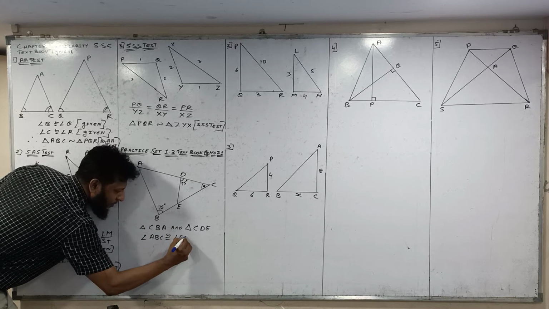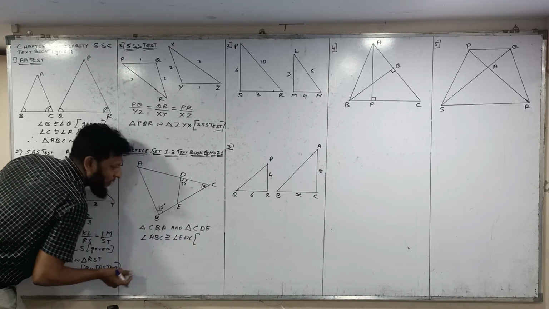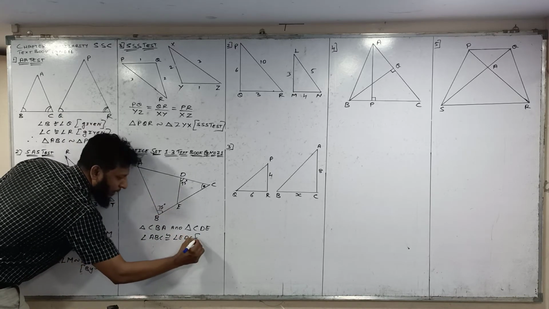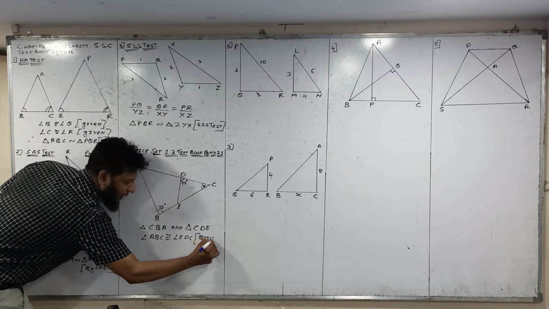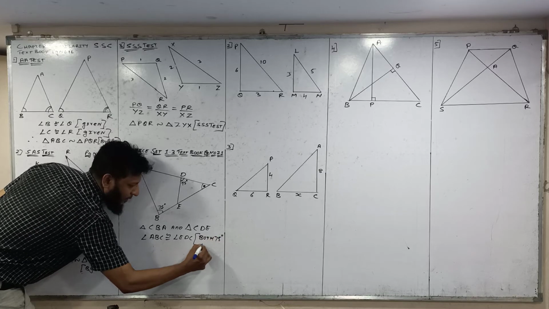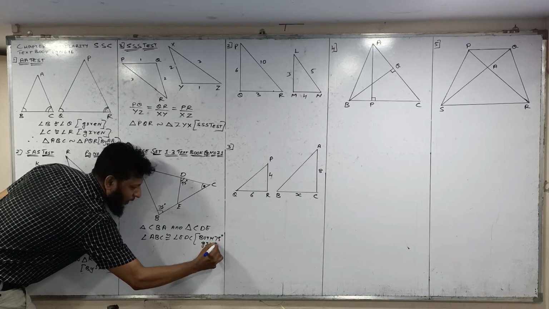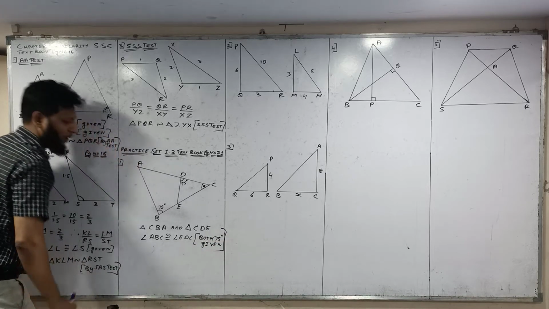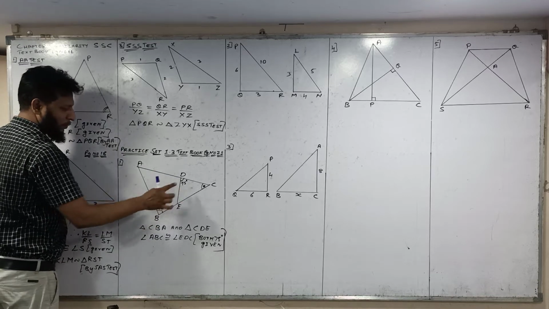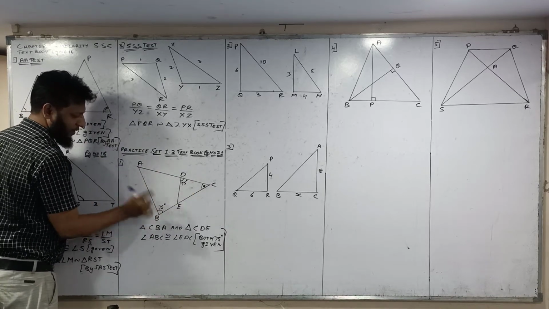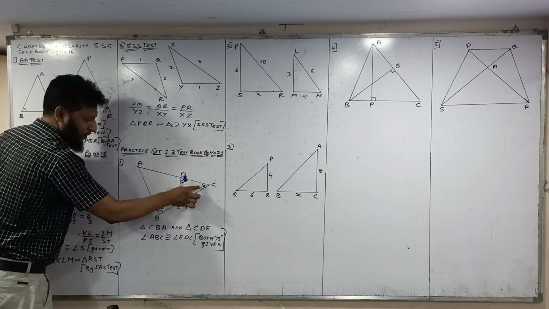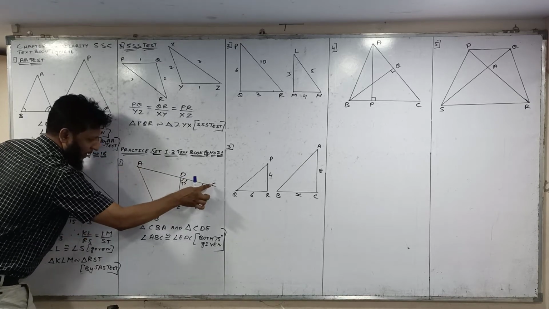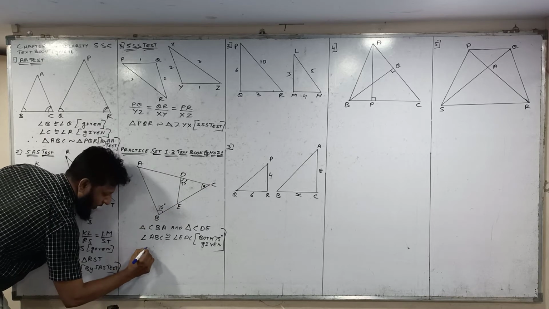Angle EDC and angle ABC are congruent, because same-degree angles are congruent, given. Both are 75 degrees, given in the question. So this angle is congruent to this one, this is 75 and this is 75, and for this I will write the name ACB.